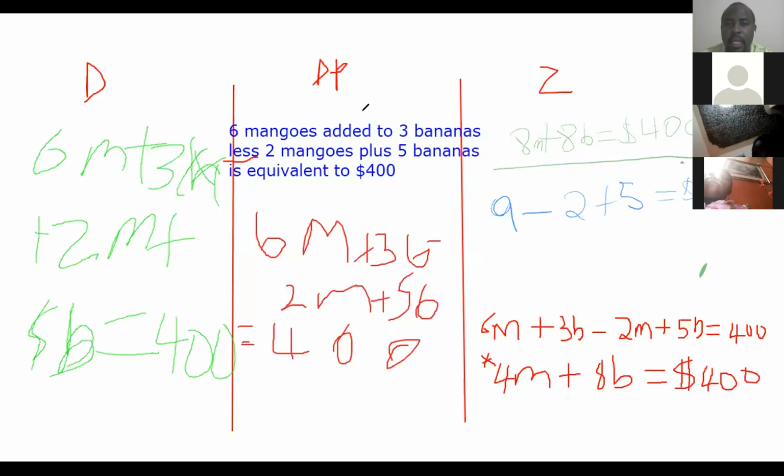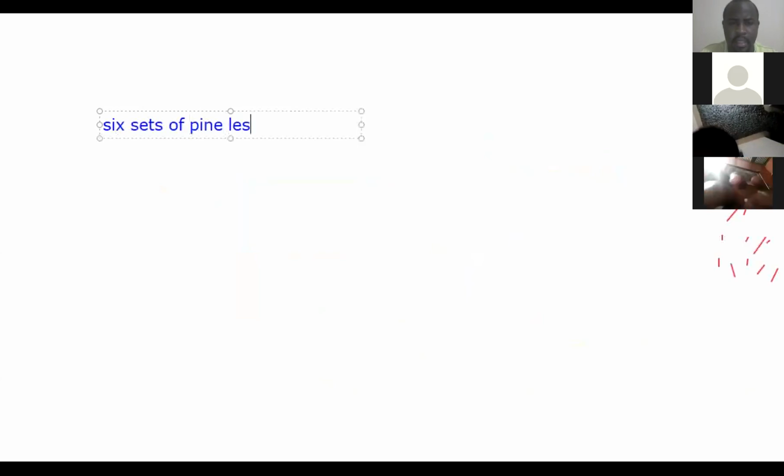All right, guys. I'm going to give you 2 things to compare now, and then we're done for the night. Clear the drawing board. There's 2 questions to compare. So here it is: 6 sets of pine less 3 bears.